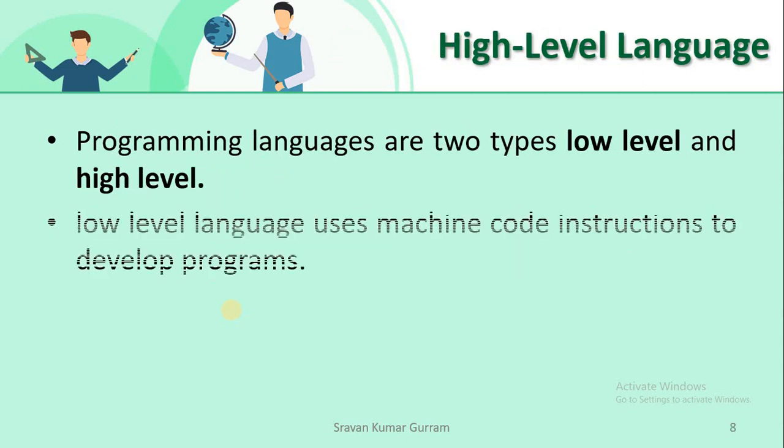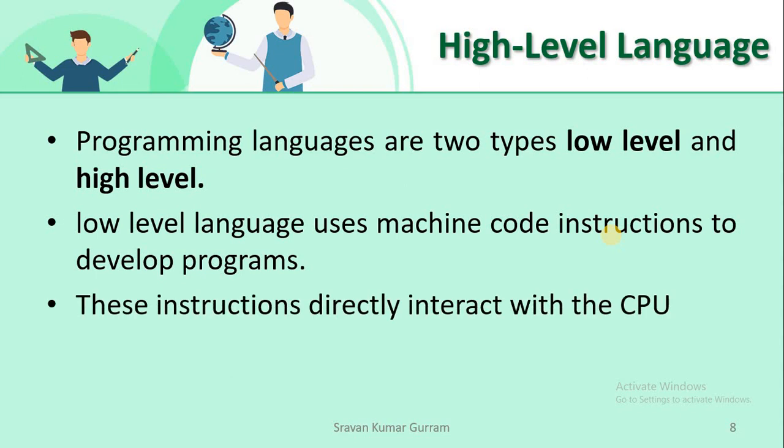Next feature is that it is a high level language. Generally programming languages are of two types. First one is low level languages and the second one is high level languages. Low level languages use machine code instructions to develop programs. If you want to develop any program using low level languages, you need to write the code in machine code, not human understandable code.